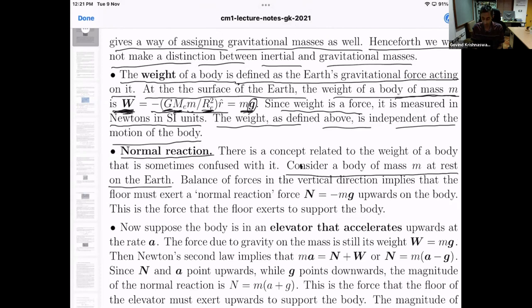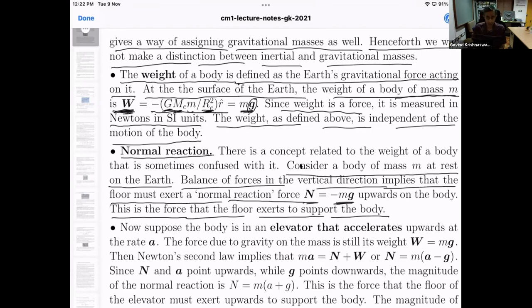Now balance of forces in the vertical direction, since it's at rest relative to the earth, implies that the floor must exert a normal reaction force N upwards, which must equal m times g in magnitude. So this is what is called the normal reaction. This is the force that the floor exerts to support the body. Here the body was at rest, and you have this balance of forces.